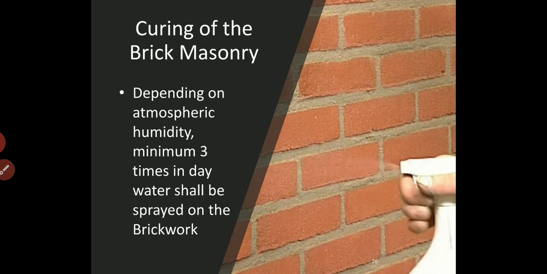Generally in brick masonry, curing is done by spraying water at regular intervals, depending on the atmospheric humidity. Minimum 3 times in a day, water shall be sprayed on the brickwork. Therefore, before plastering, the brickwork shall be cured for a minimum of 10 days, and after plastering, it may take a minimum of 7 days to attain enough strength.